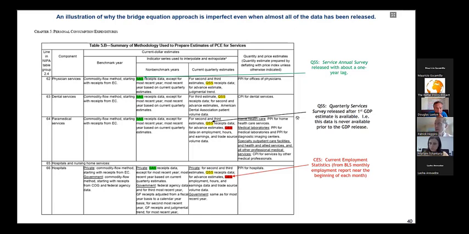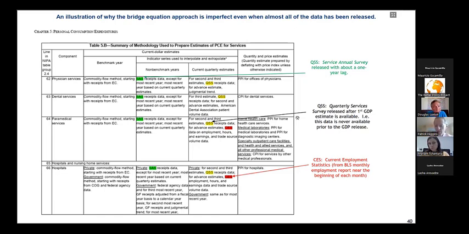The hard part about this is this vintage problem, where maybe the Current Employment Statistics data for medical services spending did a good job of forecasting in real time what happened in 2015. But once you have this revised time series data, where 2015 data is based on the Service Annual Survey rather than the employment statistics survey, the bridge equation is not going to capture that as well if you are using first vintage estimates all the time.